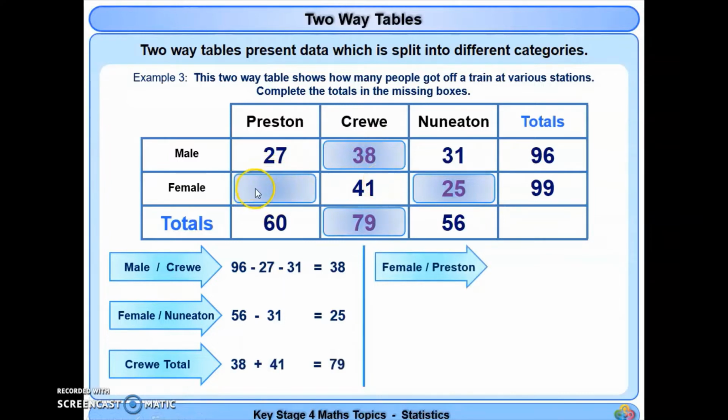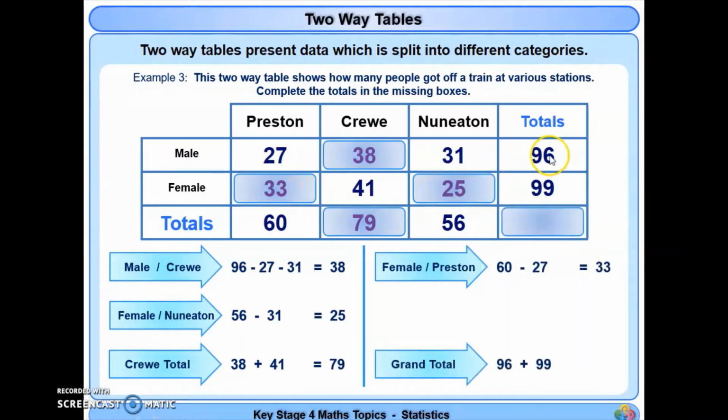For females getting off at Preston, we're going to do a subtraction. And for grand total, we've got options of adding the male and female totals, or the Preston, Crewe and Nuneaton totals will give us the same value here. 195 people got off the train altogether.